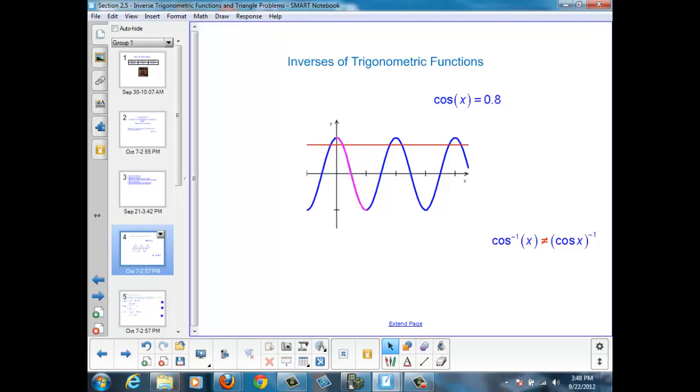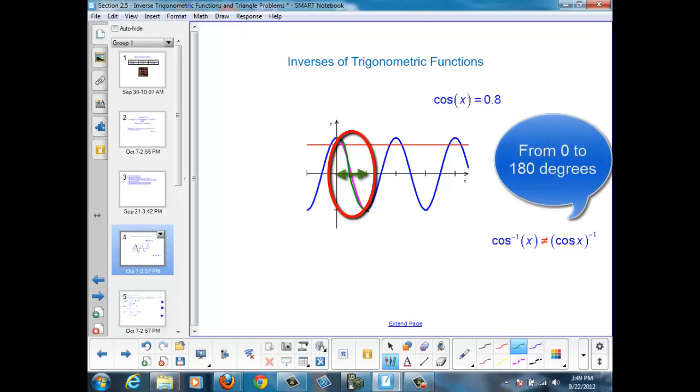For that relationship to occur, we need to pick an area of the graph that is 1 to 1, strictly increasing or strictly decreasing. I've highlighted on this graph the area of the cosine that is typically chosen to represent the inverse cosine graph. Those values go from 0 to 180 degrees.